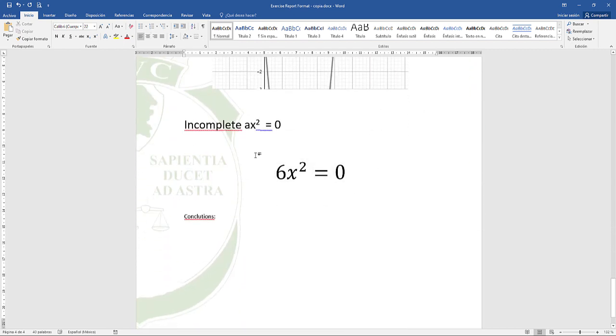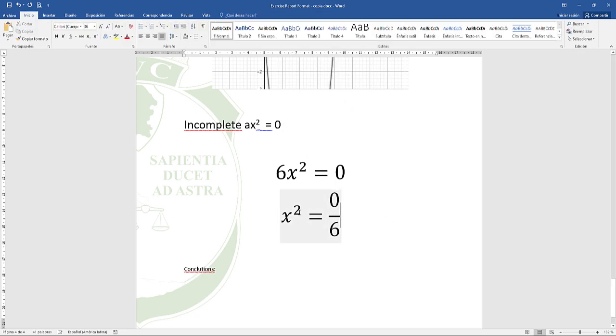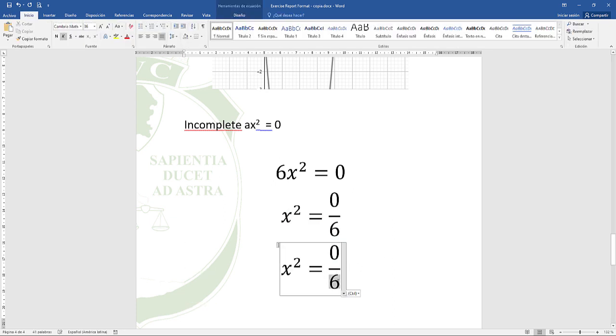And the last one, the incomplete of the form ax squared. This is only 6x squared. Here you need to isolate. Again you have 0 here.